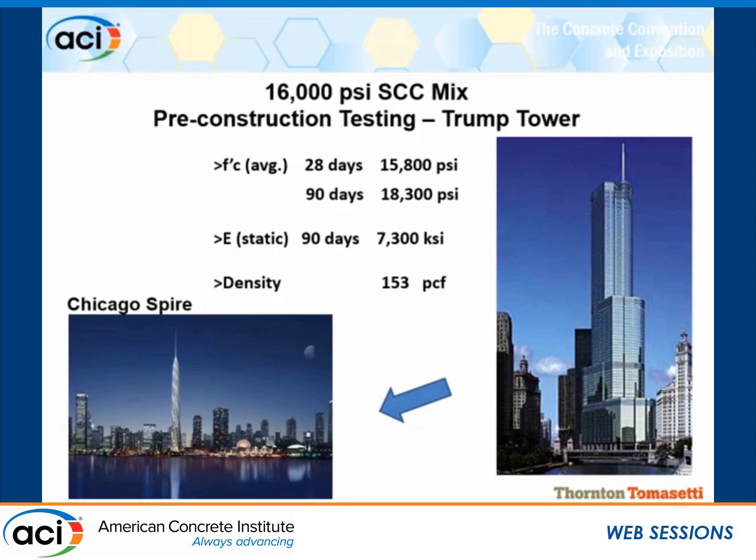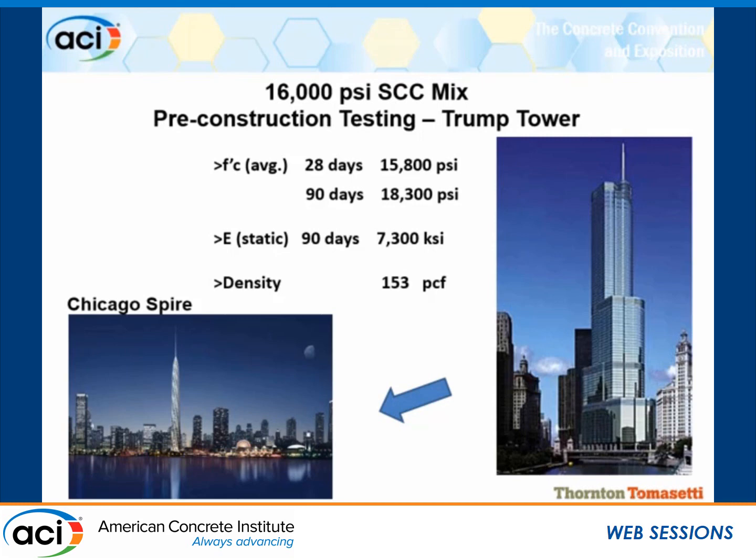So we keep building in Chicago, project after project, year after year, decade after decade. And finally, that 16,000 PSI concrete, in a very similar fashion, the idea was to use it on the Chicago Spire project, another 2,000 foot tall building where the foundations are all in.